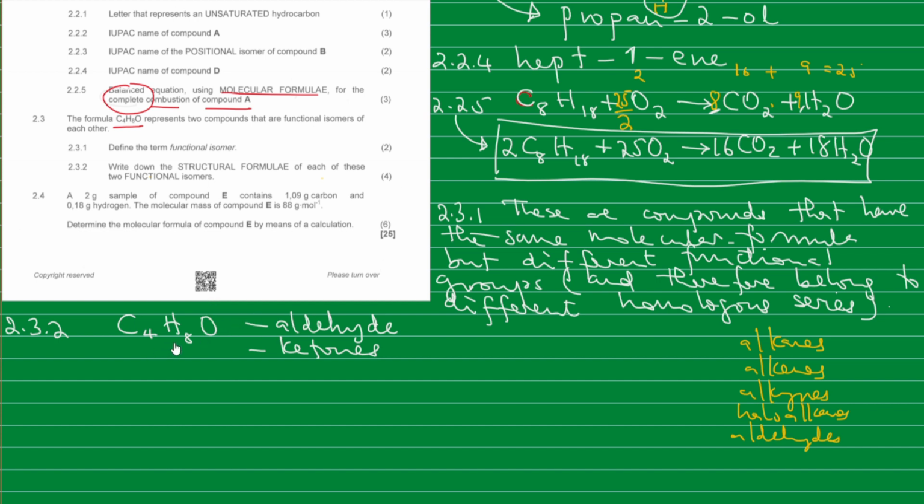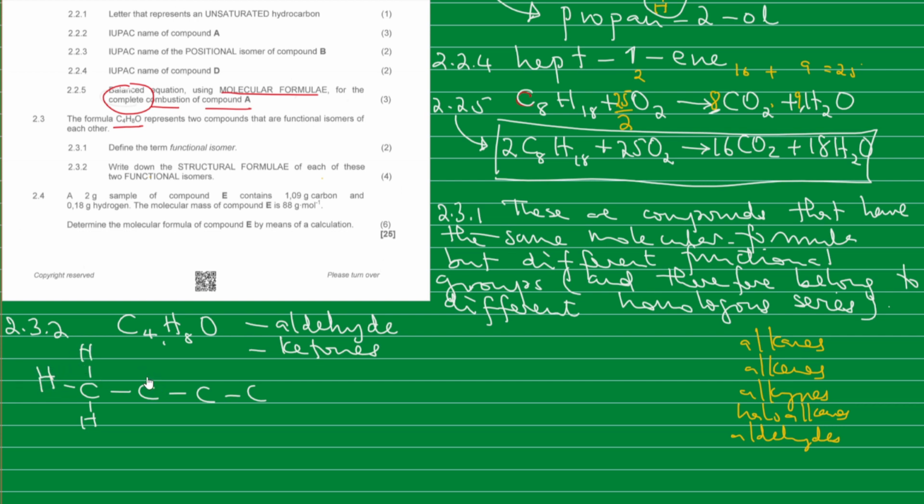So if we consider that it is an aldehyde, we are going to have C, because there are 4 C's here, and then I'll put in the H atoms, the covalent bonds there.